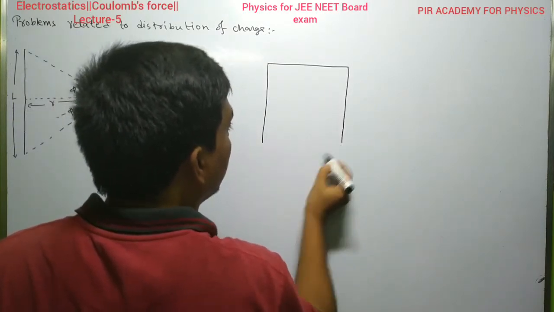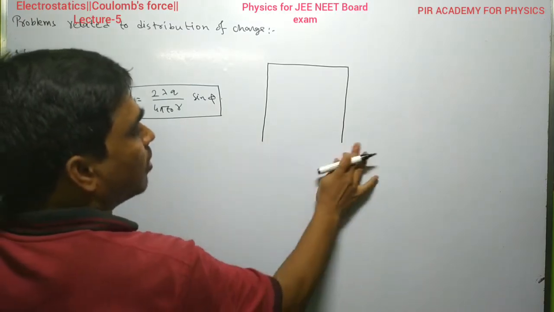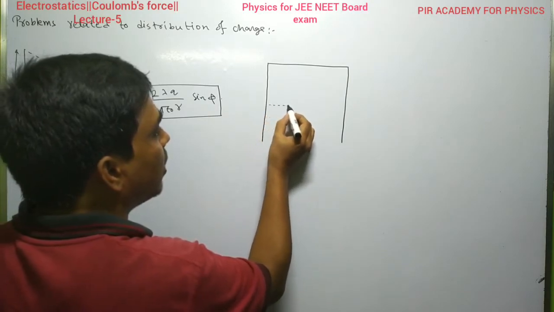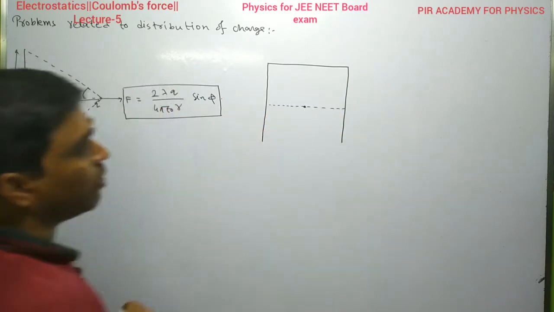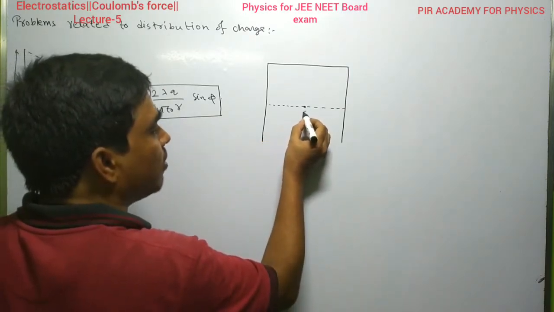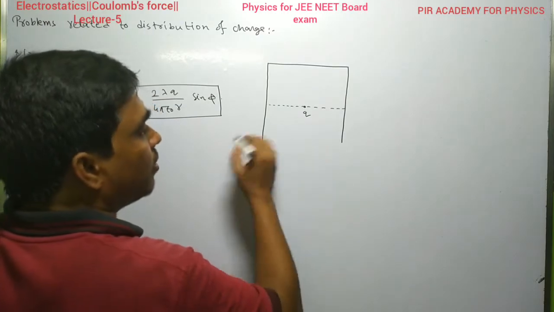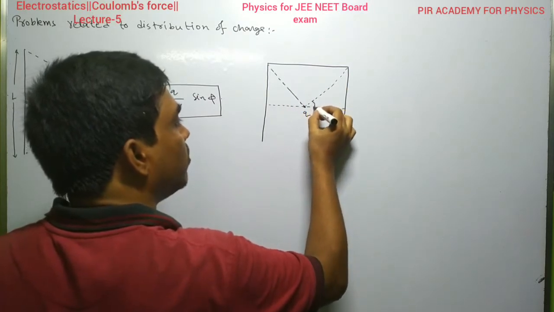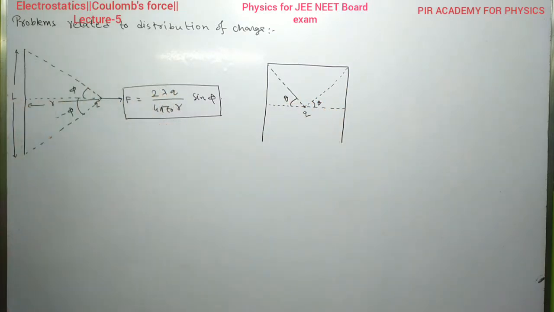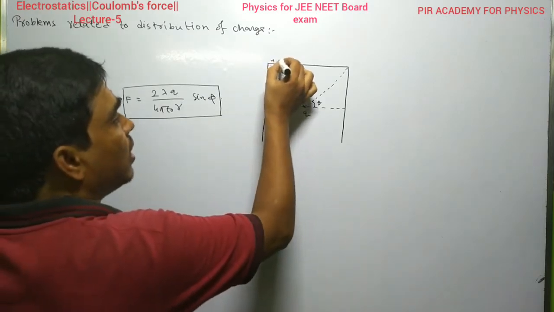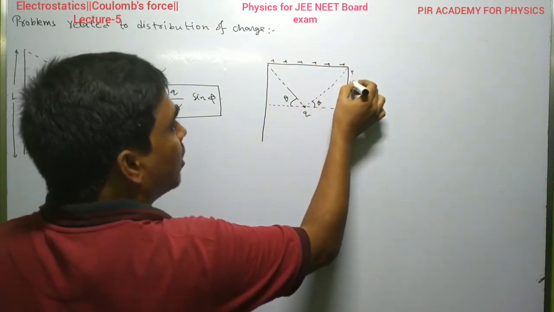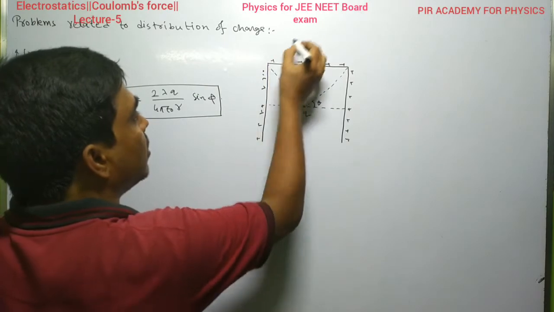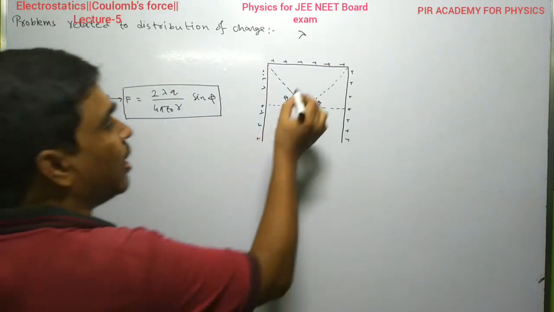Suppose this is a wire along this direction, and at this point the charge is Q. The angle is theta on both sides, and the charge density is lambda everywhere.